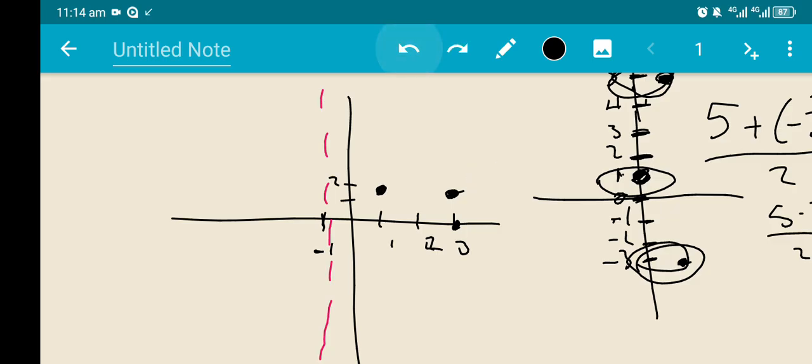So we discussed that if the distance from the origin, or rather from the vertex, up until where the focus is, is 2, say 1, 2, then how wide it will be is 2 times p. In this case, p is 2.